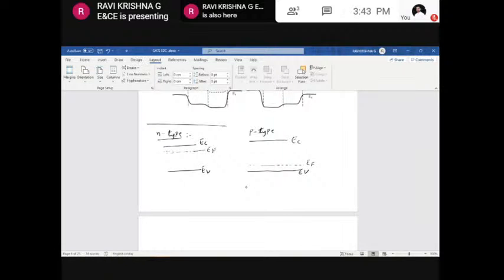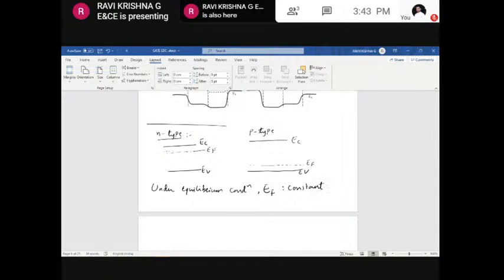Under equilibrium condition, whenever two materials are joined together, that is under no bias condition, usually band bending will happen. Which means under equilibrium condition, the Fermi level will be constant.